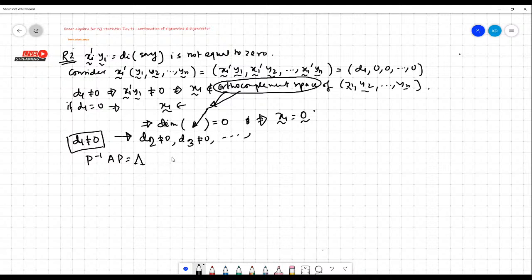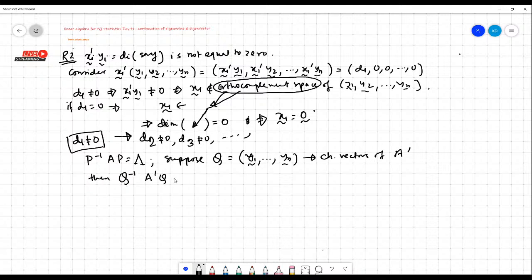Again, suppose we write Q equal to y1, ..., yn; these are a consequence of the above proof. These are the characteristic vectors of A prime, then Q inverse A prime Q is again capital lambda.